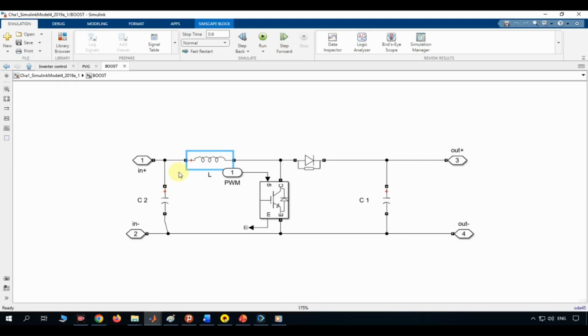Right after the inductor is the switch, drawn here as an IGBT, which stands for Insulated Gate Bipolar Transistor. This component behaves like an extremely fast on and off switch. Its gate terminal is driven directly by the PWM signal coming in from port 1, labeled PWM. That PWM signal is exactly the switching waveform generated by the control blocks we covered in earlier videos.